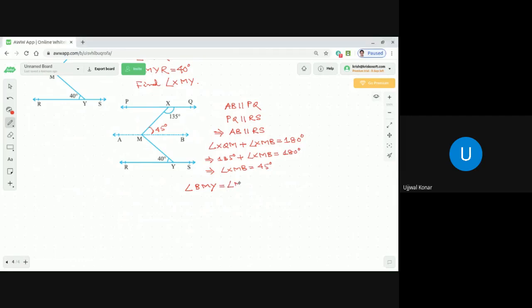How can we say that angle BMY is equal to angle MYR? Because AB is parallel to RS, these are alternate angles. So angle BMY is equal to 40 degrees.